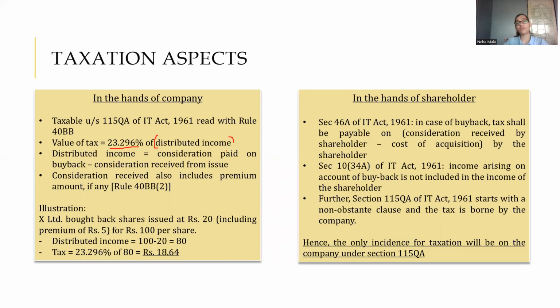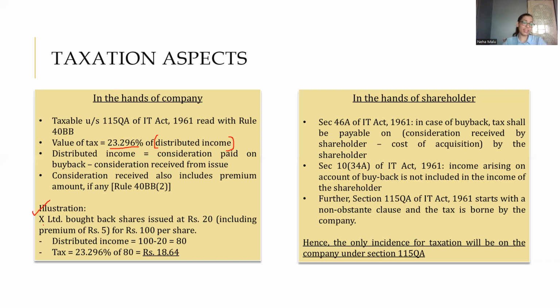Now let's understand what this distributed income is. So distributed income is actually the consideration that has been paid by the company for buying back the shares less the consideration which it has already received from the shareholders. To understand it, let's look at the illustration given here.